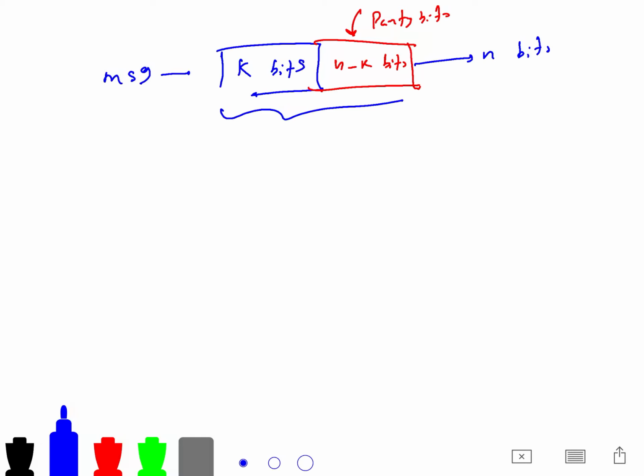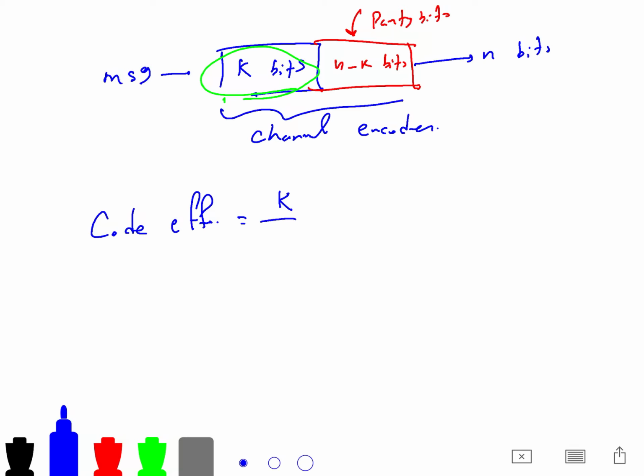And this is the channel encoder. So it adds redundancy. We have only k bits, but we need to add n minus k bits to that in order to make sure that our reconstruction error that I talked about is as small as possible. So the code efficiency is equal to k divided by n, which is called eta. And eta is always between 0 and 1.